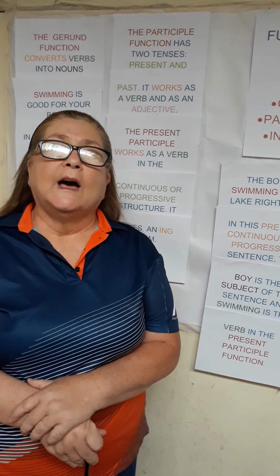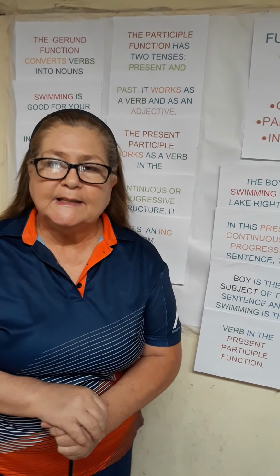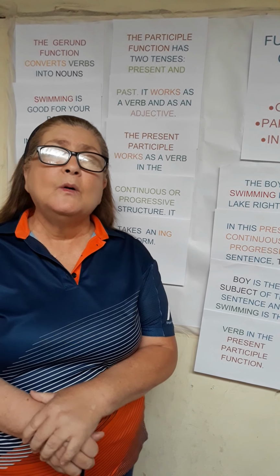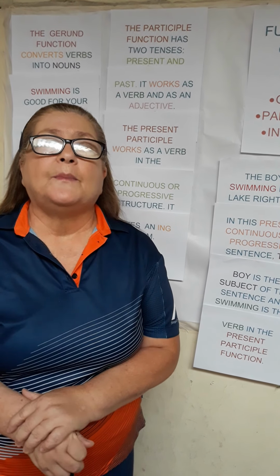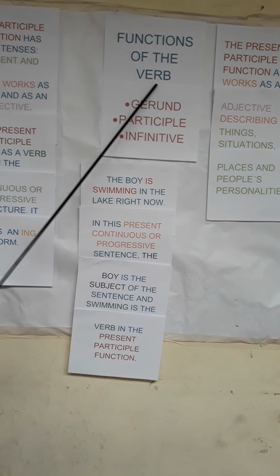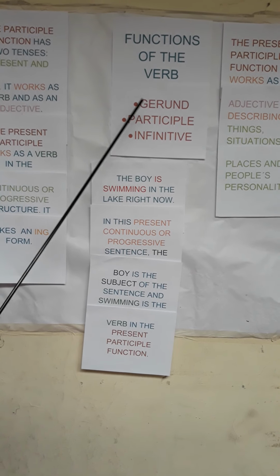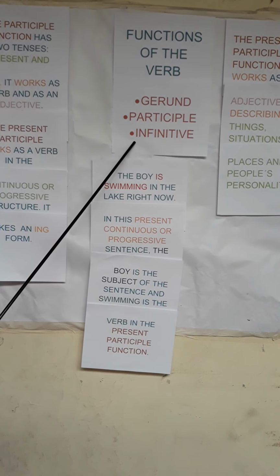And also we have learned that verbs can be transitive and intransitive. But now we are going to learn about the functions of the verb. There are three functions of the verb: gerund, participle, infinitive.